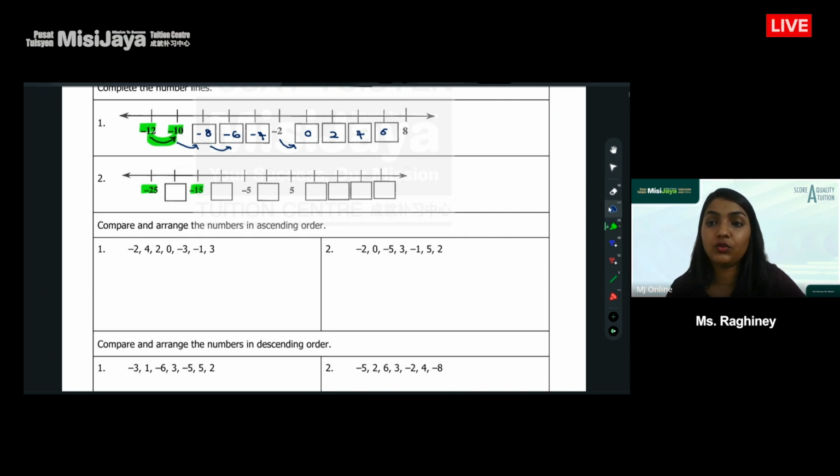Okay, so we know that here should be 5, and here should be 5. Okay, what is -25 plus 5? It is going to be -20.